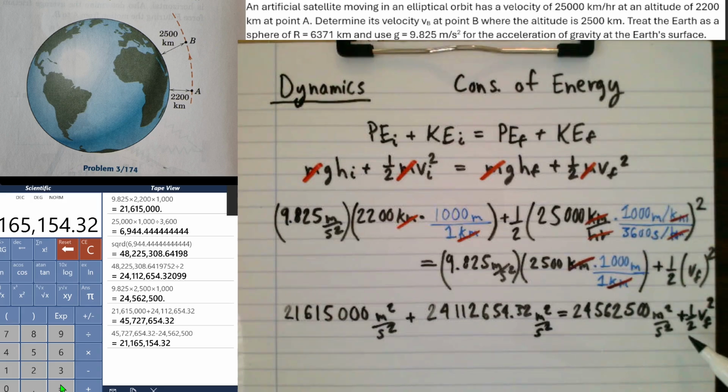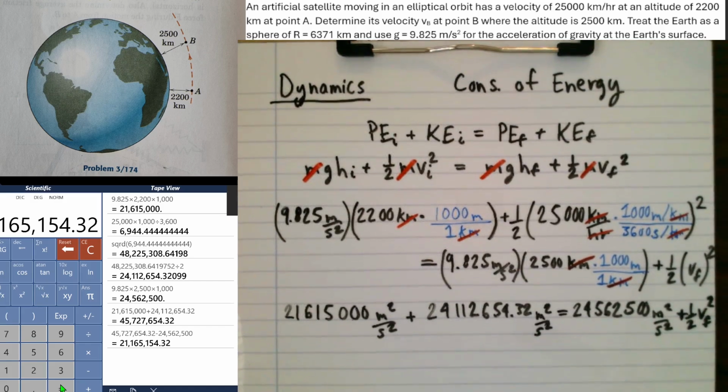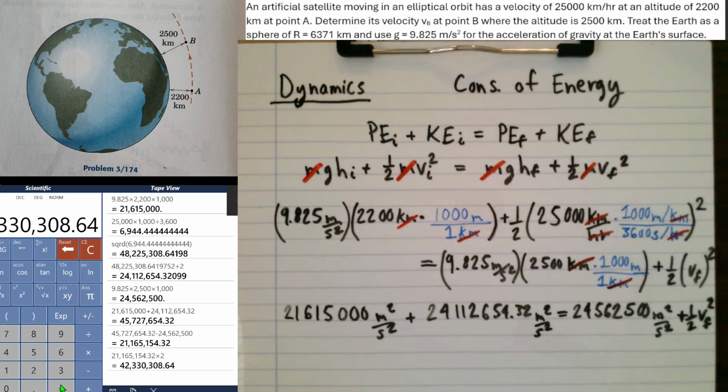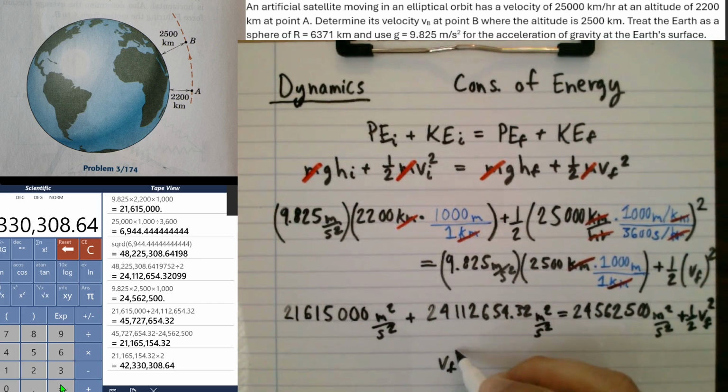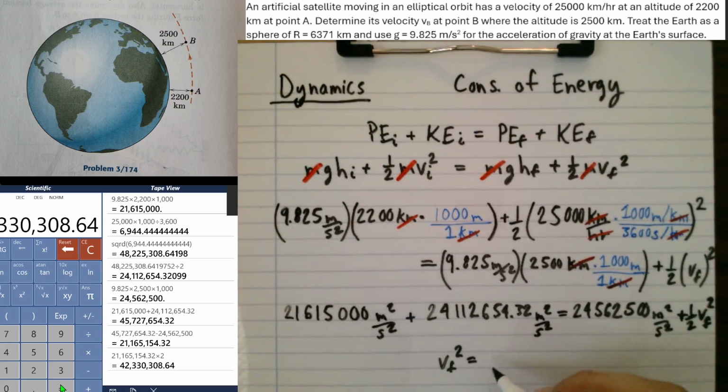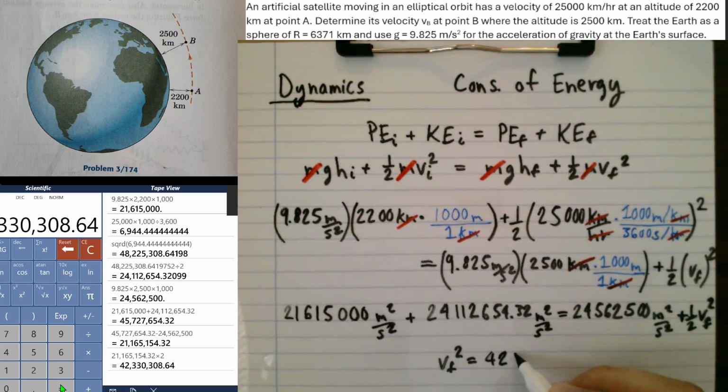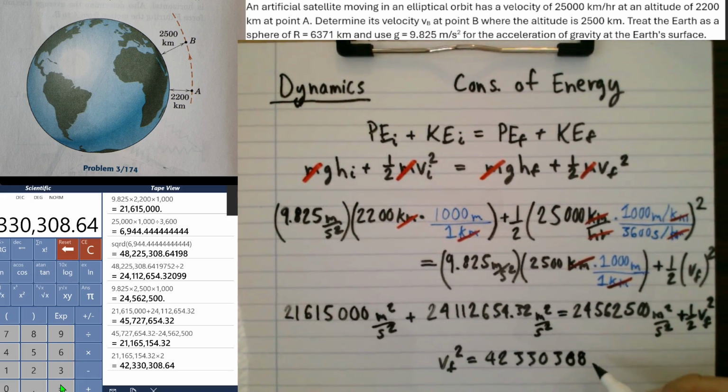We're then going to multiply that by 2 because of the 1/2 here, and we get a value for vf squared of 42,333,08.64 meters squared per second squared.